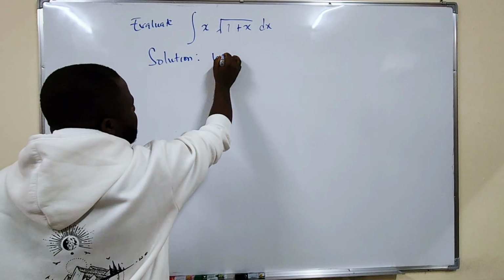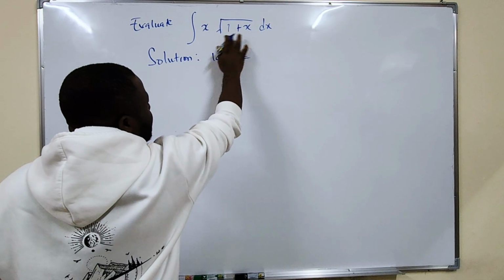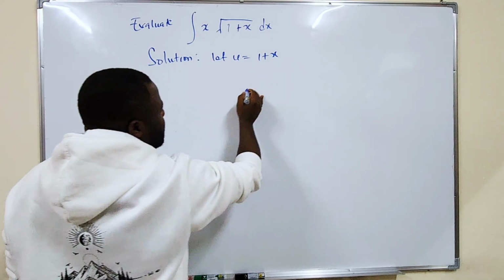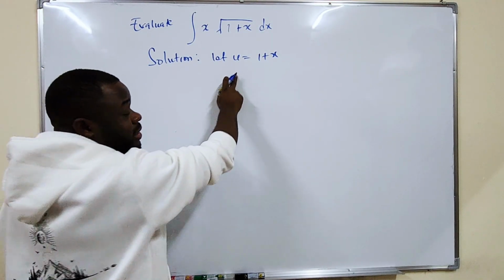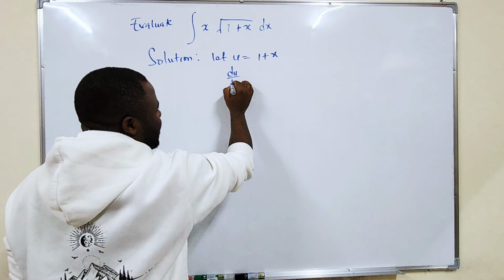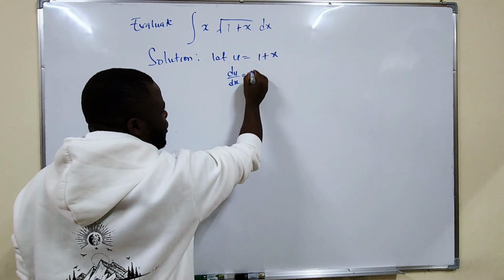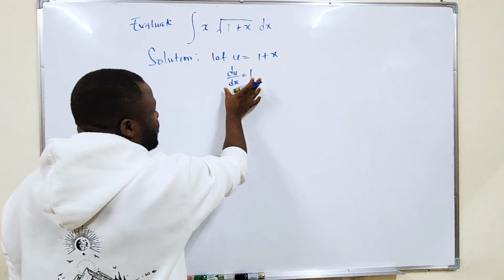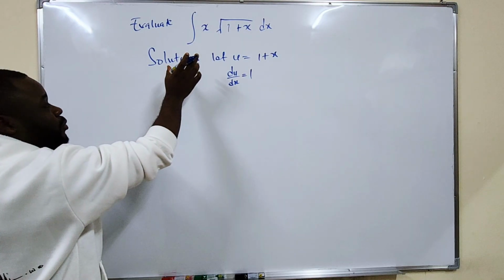We say let u be equal to the radicand, which is 1 plus x. We can also find the derivative of u, which is du with respect to x. With respect to x, we have 1. And why are we using this u-substitution?